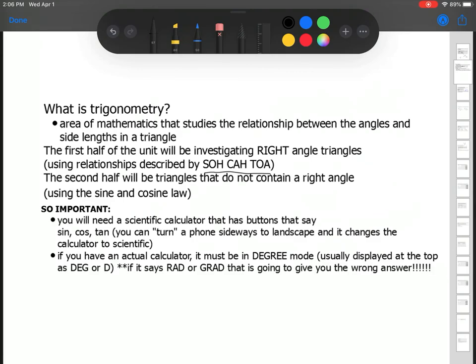So you want to make sure that your calculator says DEG or D in the display. That means it's in degree mode. If you can't figure out how to get it out of rad or grad, degree mode is like the default. So if you know how to reset your calculator, you can reset your calculator and it should go into degree mode.